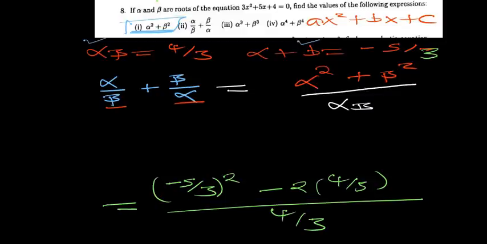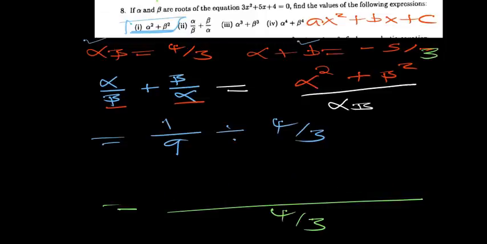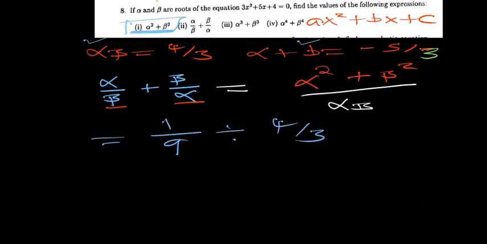But since we know that we got 1 over 9, we won't take time. 1 over 9 divided by 4 over 3 is as good as, if you're dividing by 4 over 3, that's as good as multiplying by the reciprocal. I'm teaching you certain shortcuts that will not waste your time. So 1 over 9 multiplied by 4 over 3 is equal to the previous step.